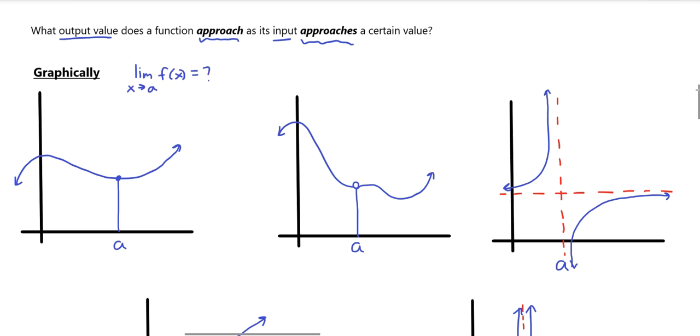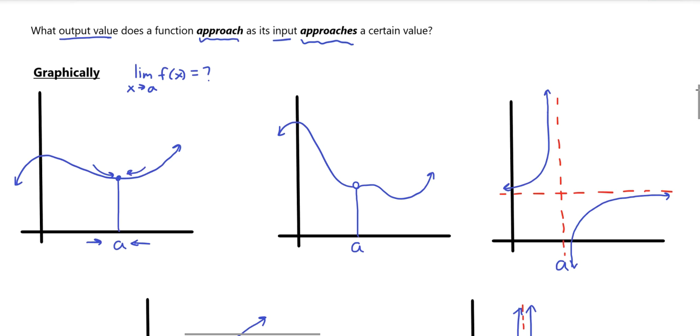So for this graph right here, this is graph number 1. As x goes towards this a value from both sides, our function is going to dip down towards this point right here. Same thing on this guy, it's going to dip down.